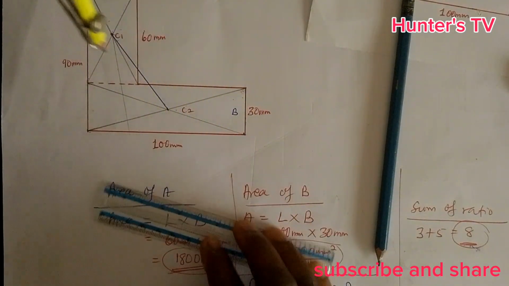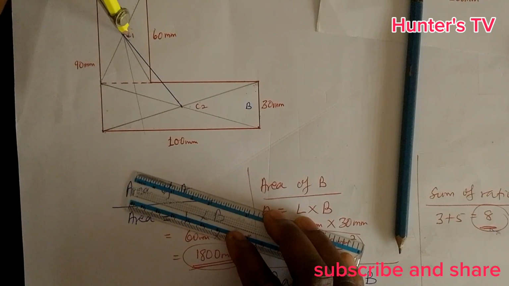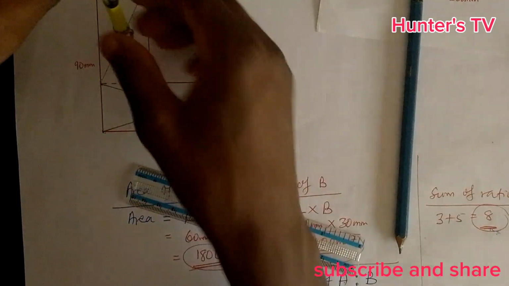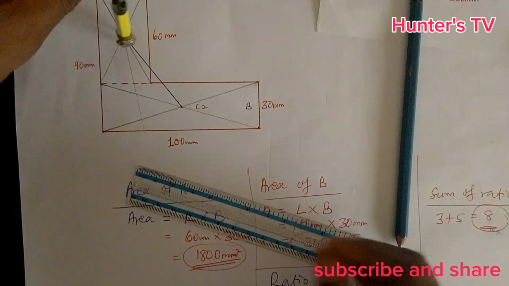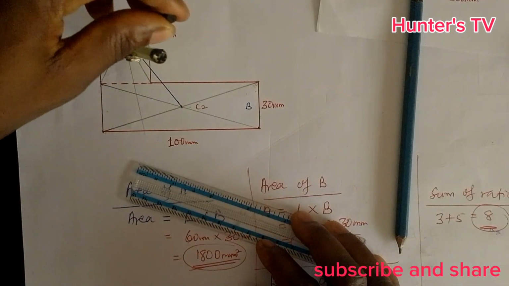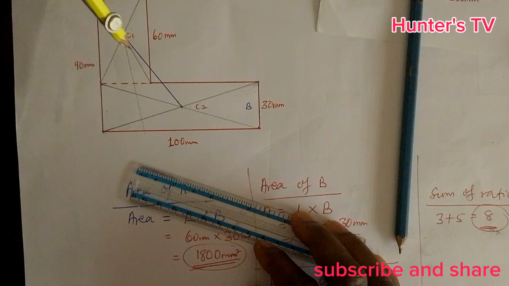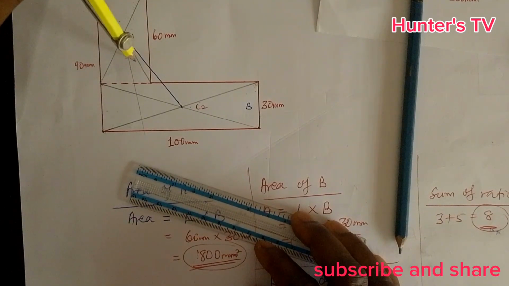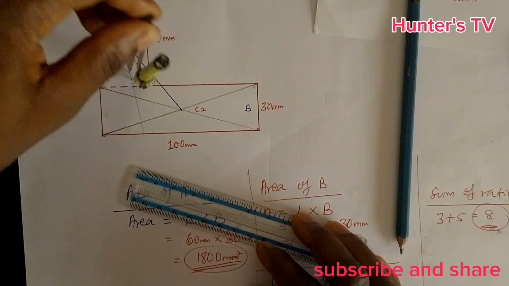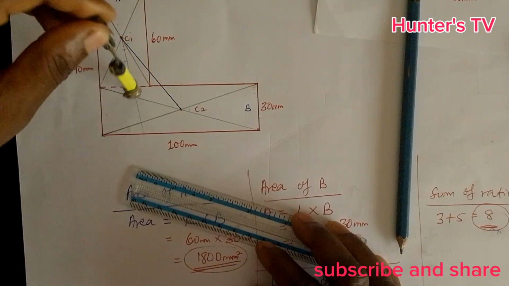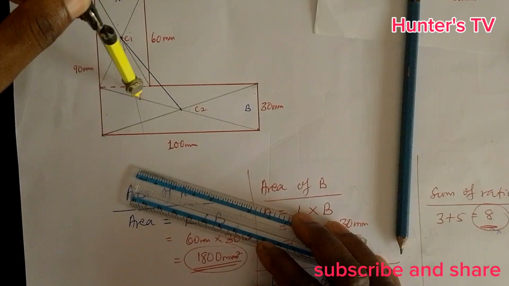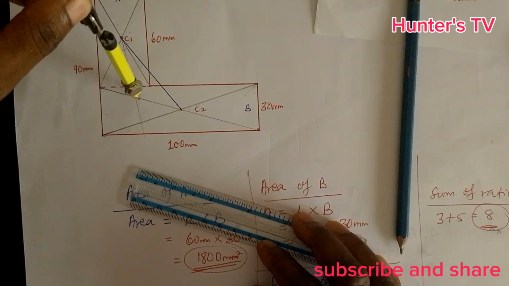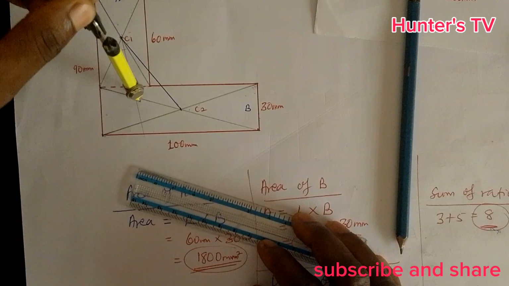Okay, start from C1, start from center 1, you step off. Let me open it a bit. You step off 8 times, you mark along the line 2, 3, 4, okay, 5.